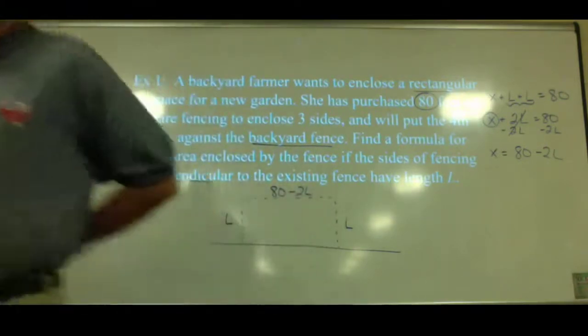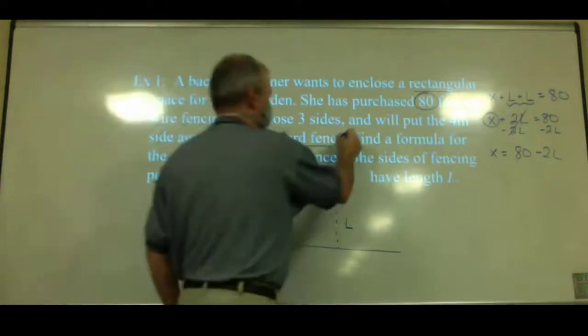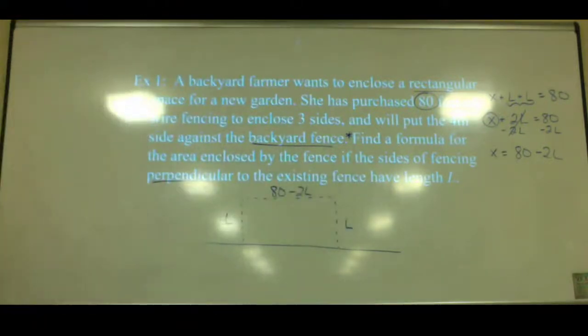Okay. Now, we've got our picture set up. Here is the question that we're actually supposed to do. Find a formula for the area of this rectangle. Does anybody remember how you find the area of a rectangle? Probably been a long time since you learned those shapes back in like 6th grade or geometry.